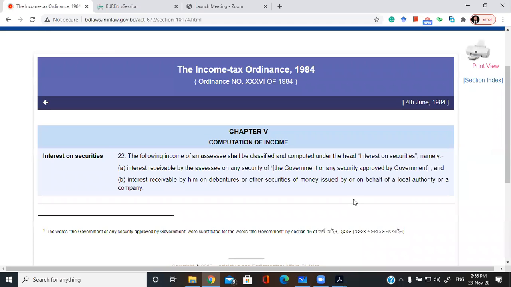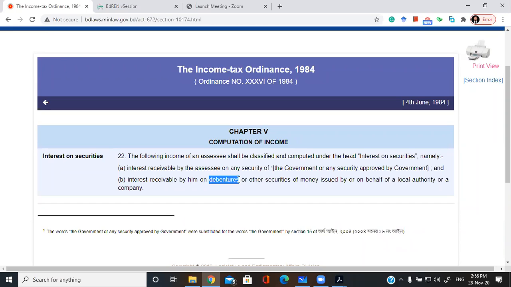And for short term also, you need to take permission from the appropriate authority. And interest receivable by him on debenture, you probably have heard about the debenture, that is in between an equity instrument and a debt instrument based on the features of the debenture. Have you heard about the debenture?